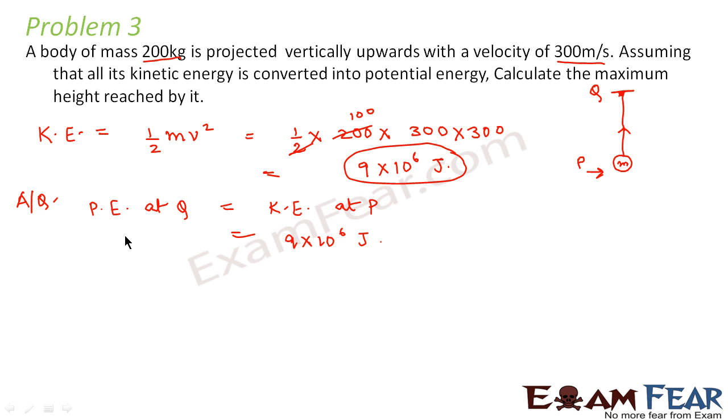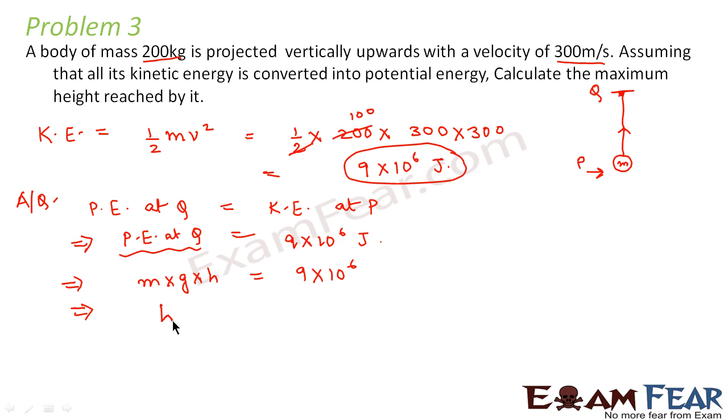That means this is the potential energy at Q. Now we know that the potential energy at Q will be given by m into g into h, that is the height of point Q. So this will be equal to 9 into 10 to the power 6.